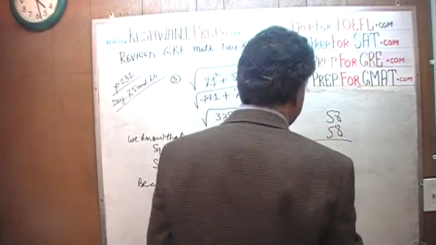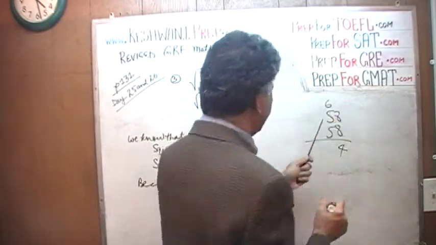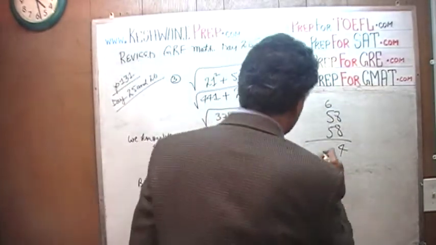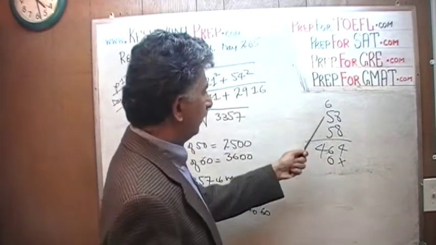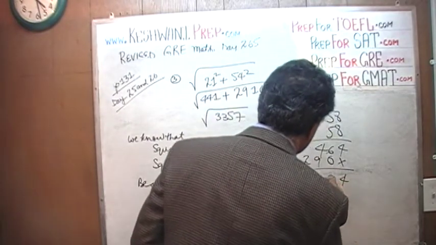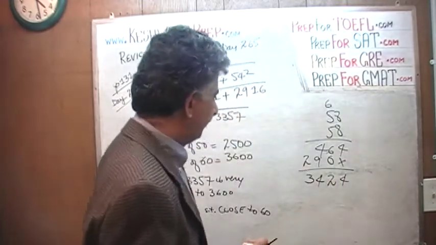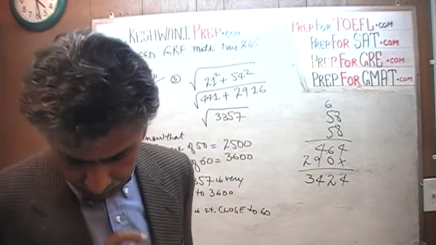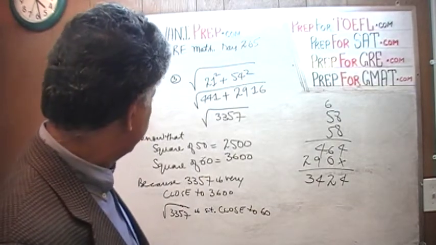58 times 58. 8 8s are 64. 4 carry 6. 8 5s are 40. Plus 6 is 46. 8 5s are 40. 0 carry 4. 25 plus 4 is 29. Unless I made a mistake, I'm coming up with 3424.